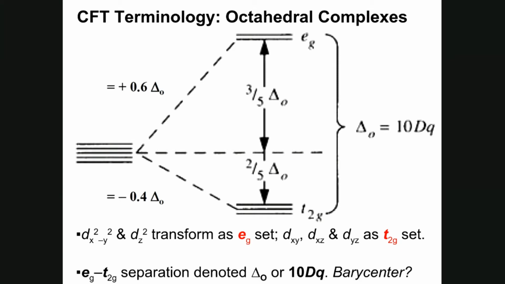The barycenter, please get a proper definition from your book. The barycenter would be the center of gravity of the d orbitals in their unsplit state. And it is a relative point where you can measure the stabilization of some orbitals and the destabilization of other orbitals as such.